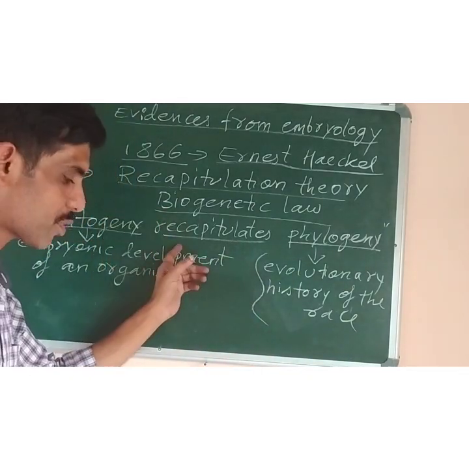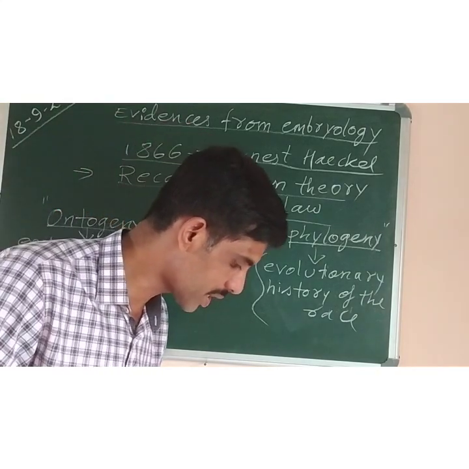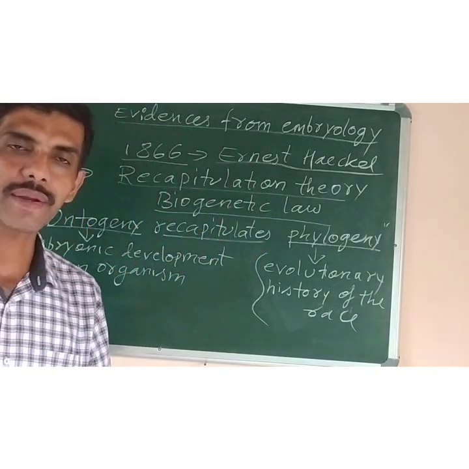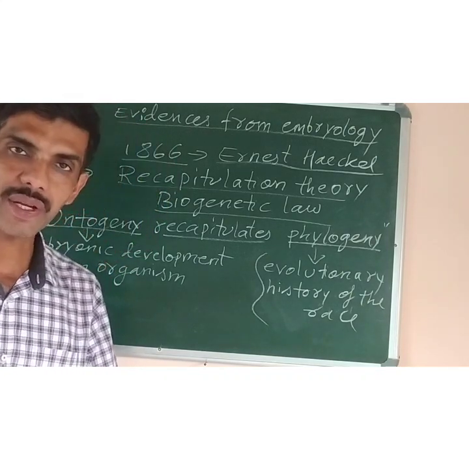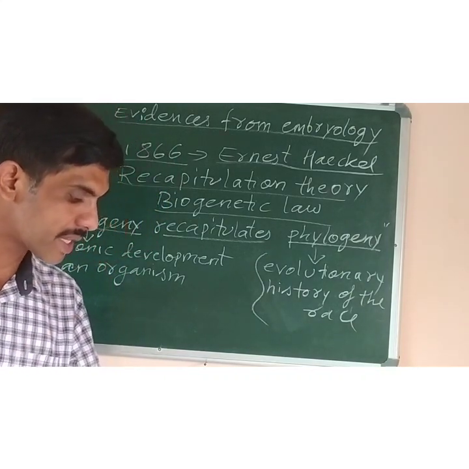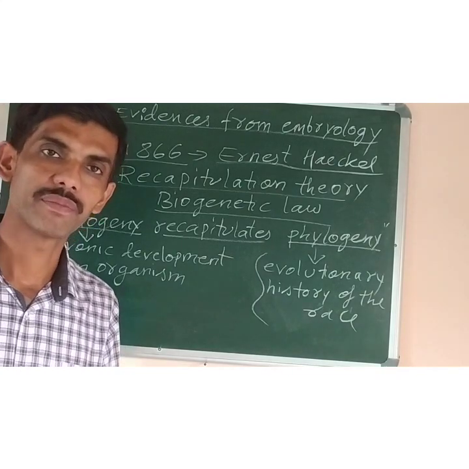Ontogeny recapitulates phylogeny. I will make it more clear. This simply means that the embryos in their development repeat the evolutionary history of their ancestors in an abbreviated form.